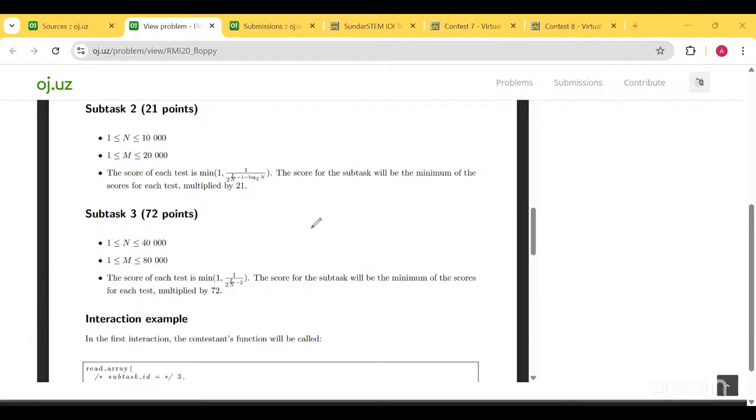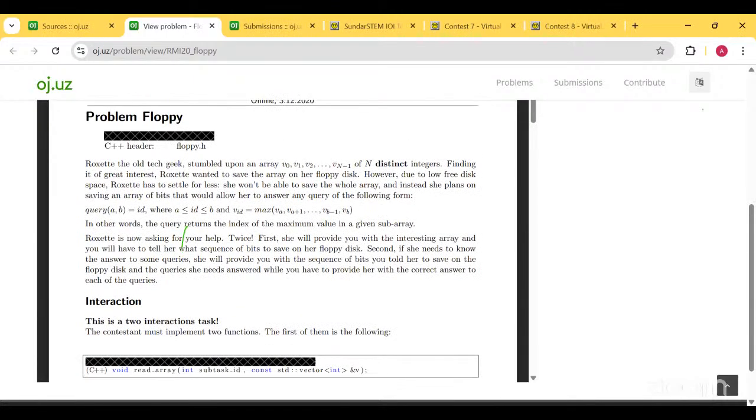So now do you have any idea how to solve this using Cartesian tree? What if from the array we create a Cartesian tree? Wait, we want to find the maximum, right?